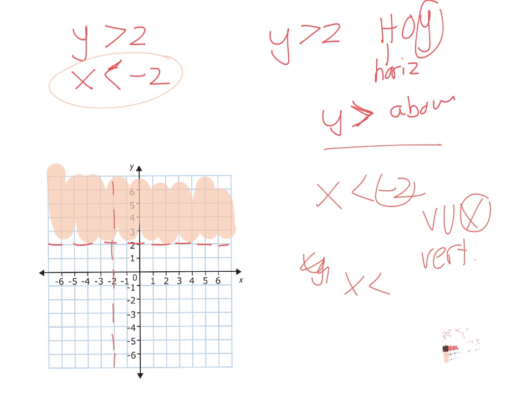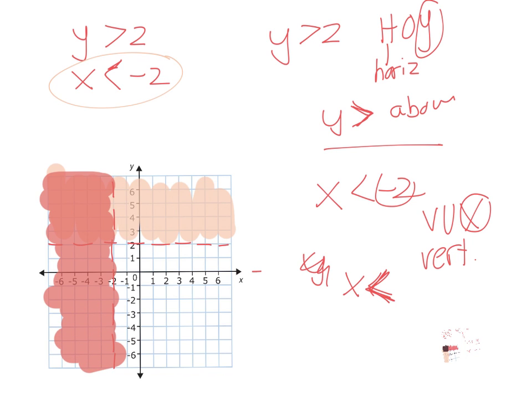And then, which direction do I shade? x is less than, I look at the x-axis, and it's pointing the way it wants me to shade, to the left. So I will lightly shade to the left of that line. Then you'll take your pencil and darken in where the two overlap, which is this section.